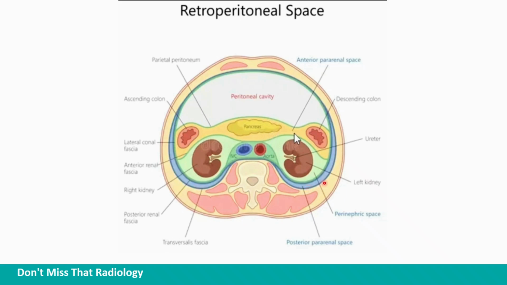And then we will have the posterior perirenal space, which is a potential area for fat. Sometimes this is where liposarcomas develop and can be quite large. So very important, retroperitoneum versus intraperitoneal spaces. And for the retroperitoneum, know the anterior perirenal space, the perirenal space, and the posterior perirenal space.